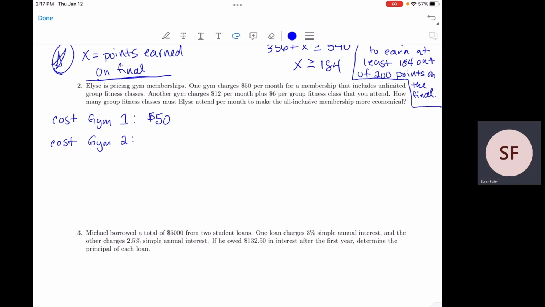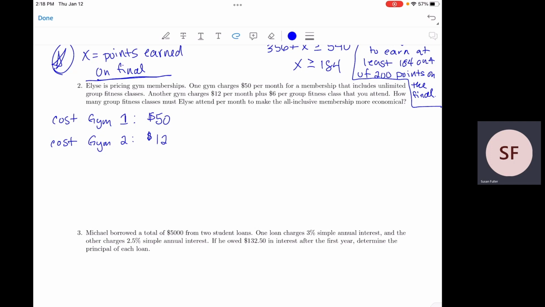And then the cost of the second gym, it says, is $12 per month plus $6 per group fitness class that you attend. Okay, so the cost of gym 2 is going to be $12 to join, and then it's going to be $6 more for every group fitness class that you attend.